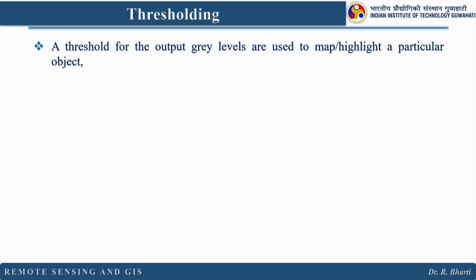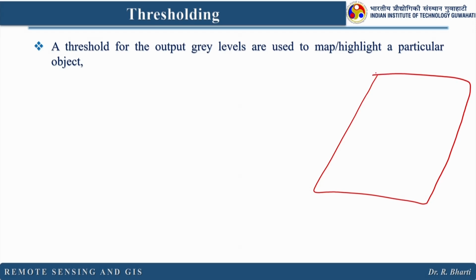In thresholding, what we do is we provide a threshold of the DN values and we make different classes. Here a threshold for the output gray levels is used to map or highlight a particular object. Instead of identifying it using some different technique, this is one technique where we say this is my target and the value range of this object is from 10 to 70, right.